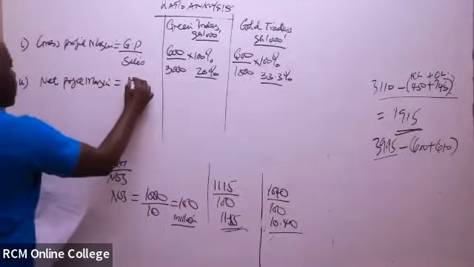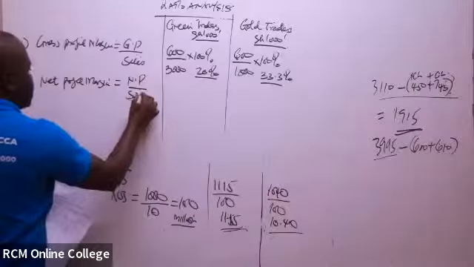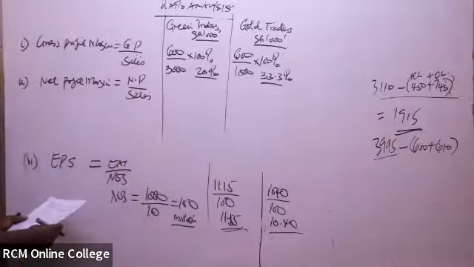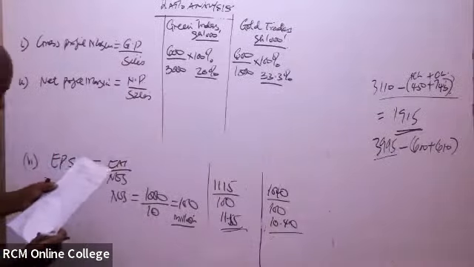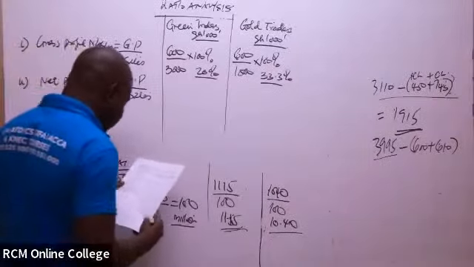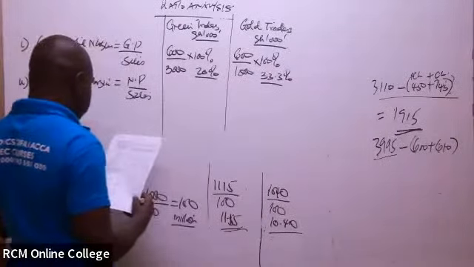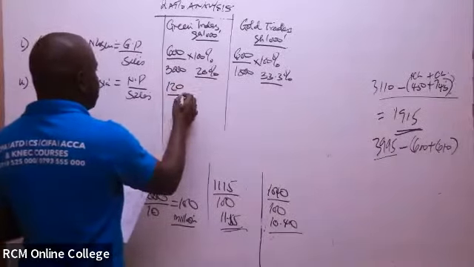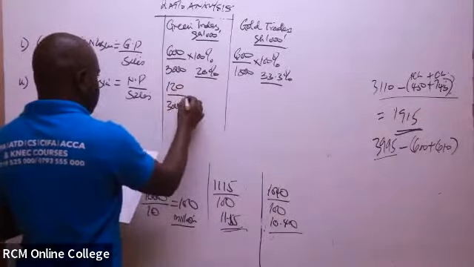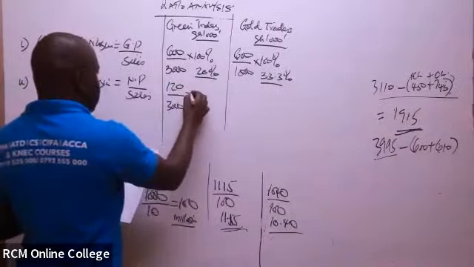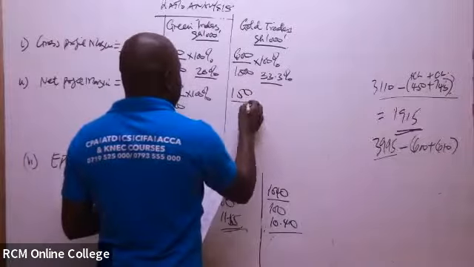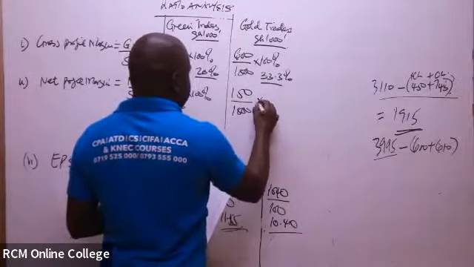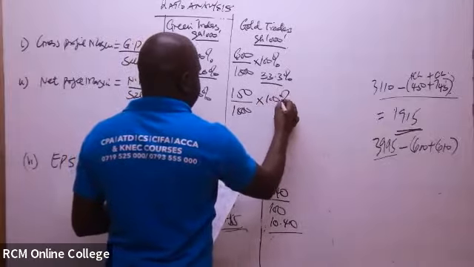Then you have number 2, the net profit margin, which is equal to net profit over the sales. So net profit for the year, we have in this case 120 over 3 million multiplied by 100%. Then the other one is 150 over 1800 multiplied by 100%.